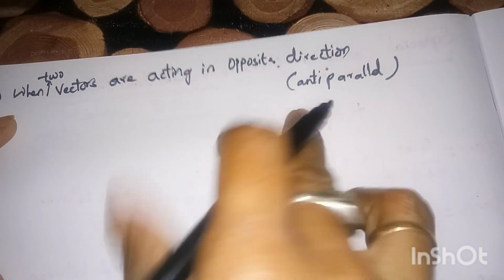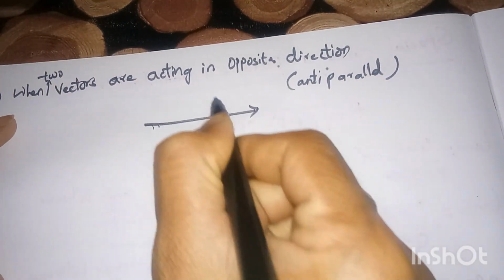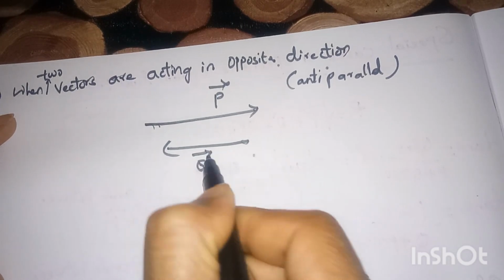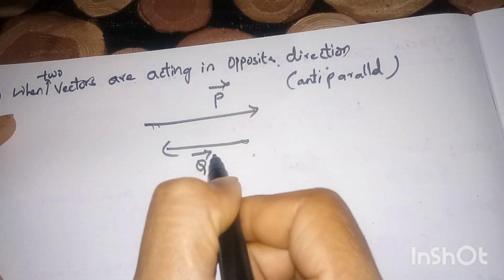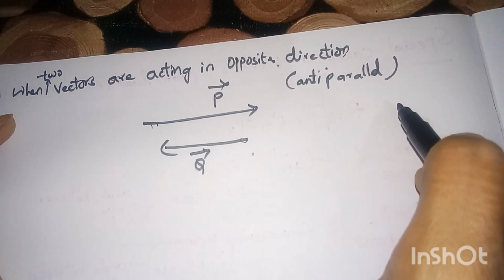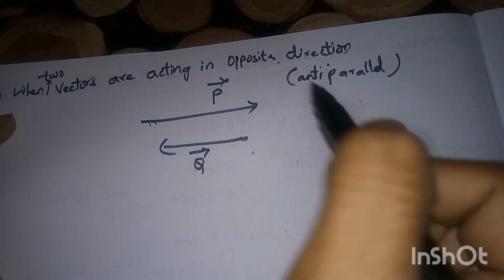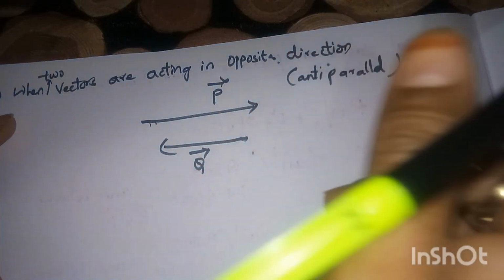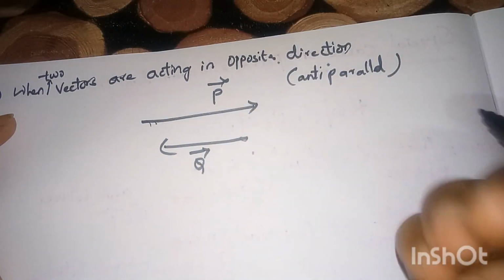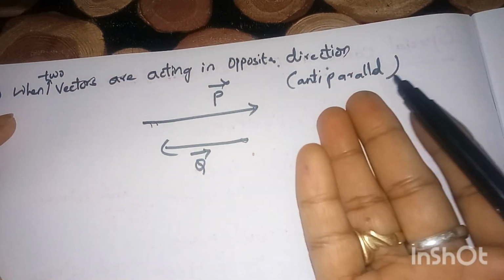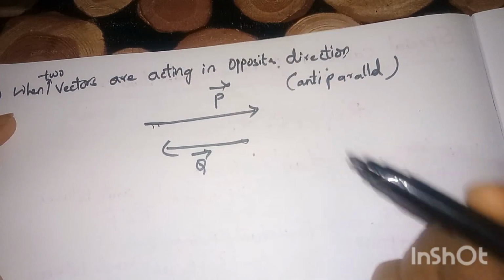So if two vectors are acting in opposite direction, that means anti-parallel. Suppose p bar is moving in the forward direction and q bar is moving in the opposite direction, they are anti-parallel to each other. So they are not parallel to each other. Two vectors moving in the same direction are parallel, and if two vectors are moving in opposite direction to each other, they are anti-parallel to each other.